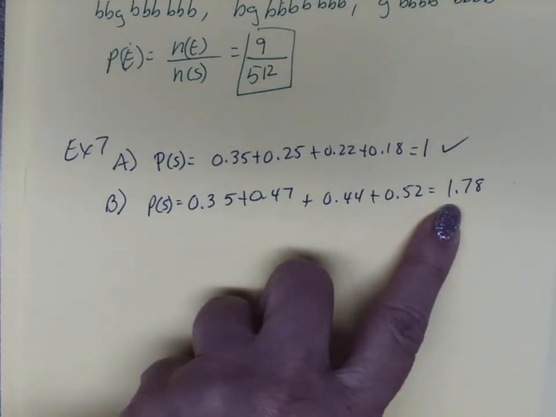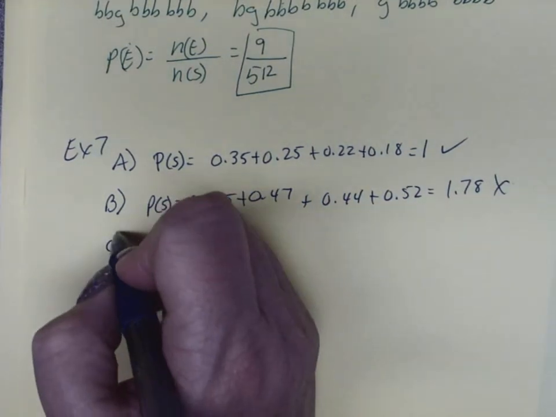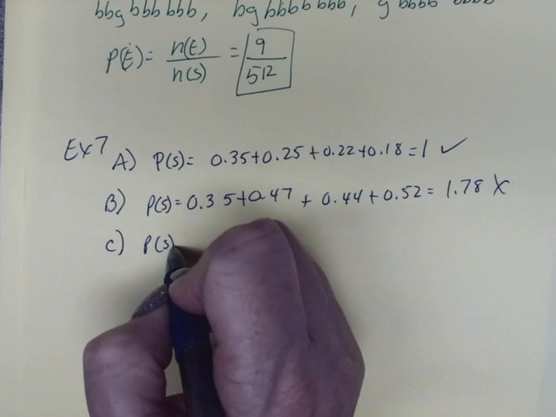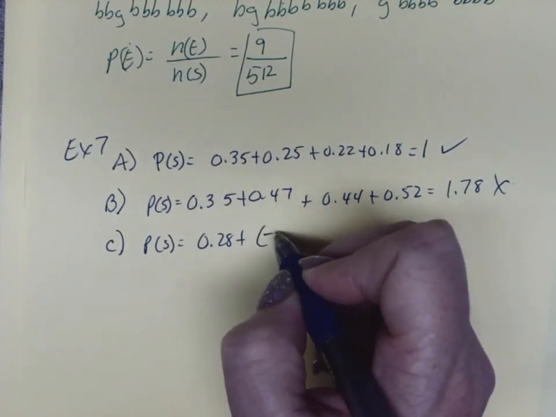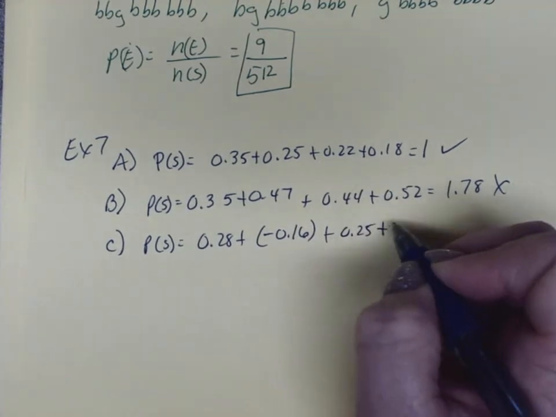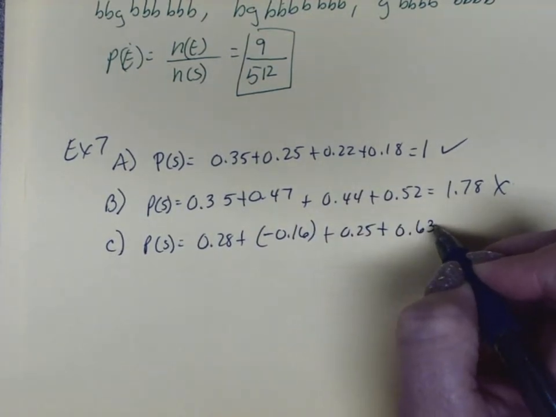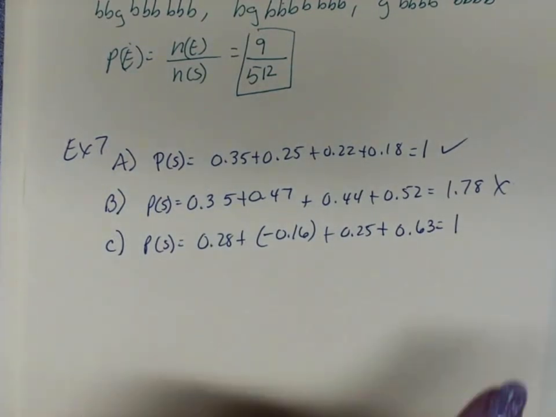That's greater than 1. So this won't work. And then if we look at the third option, we have 0.28 plus negative 0.16 plus 0.25 plus 0.63. And when we add that up using our calculator, we get a total of 1.